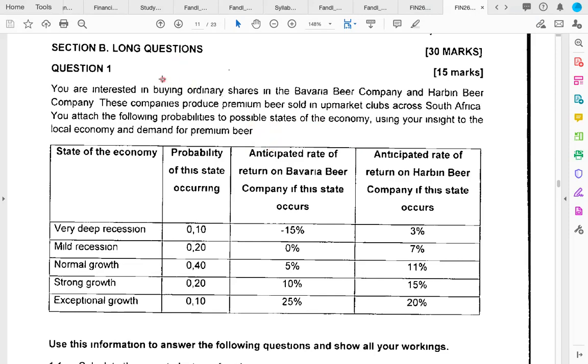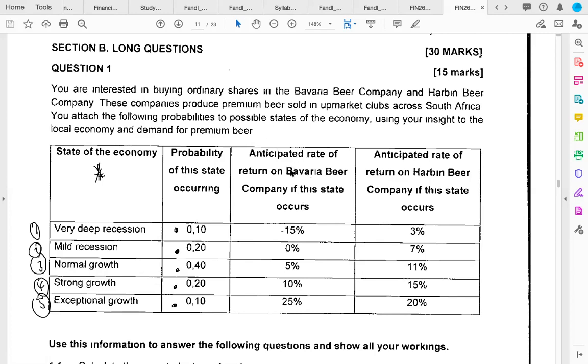We've been given 5 states of the economy, and the probability of each state occurring: 10% chance of a very deep recession, 20% mild recession, 40% normal growth, 20% strong growth, 10% exceptional growth.